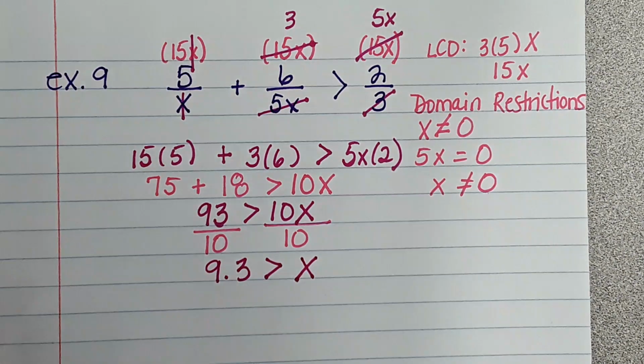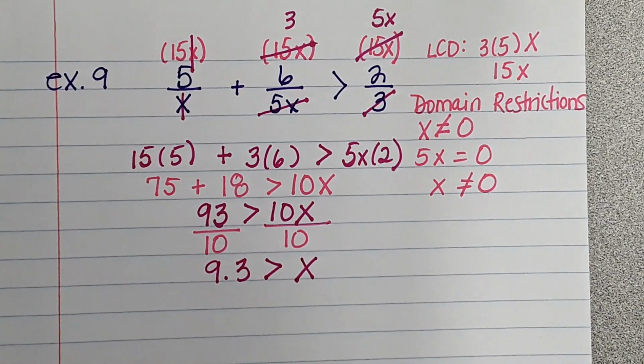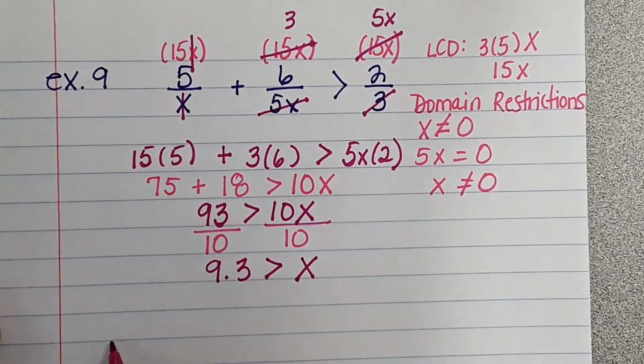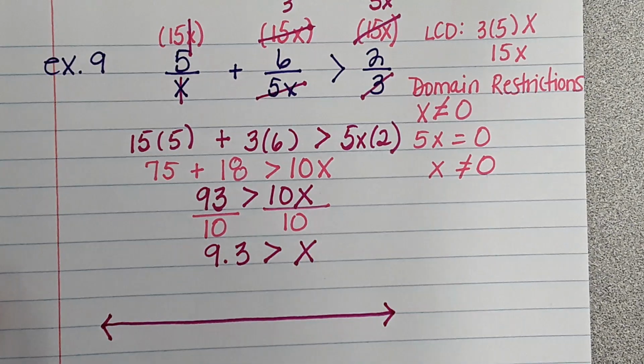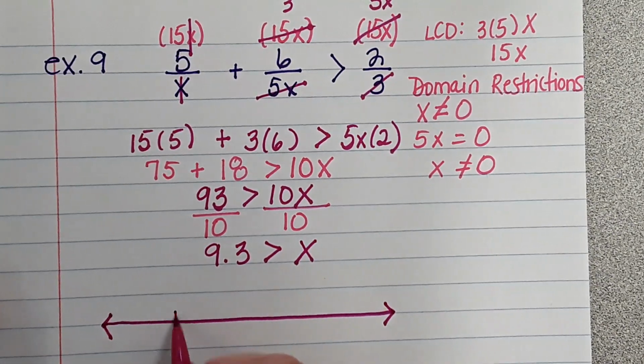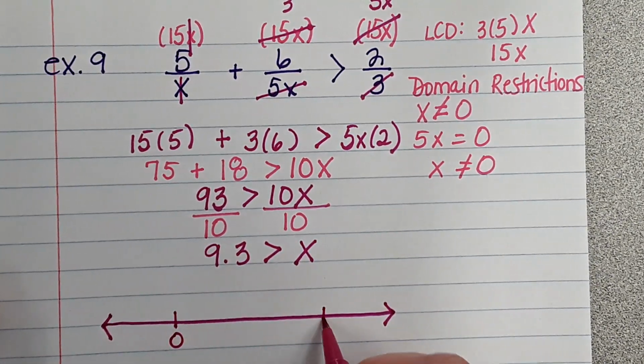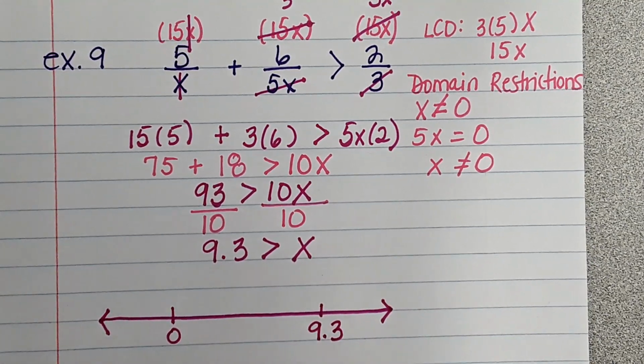So now what we need to do is find where, okay? So we're going to draw a number line. We're going to put 0, and we're going to put 9.3. And now, you guys, because this is an inequality, we need to test each section of the number line.